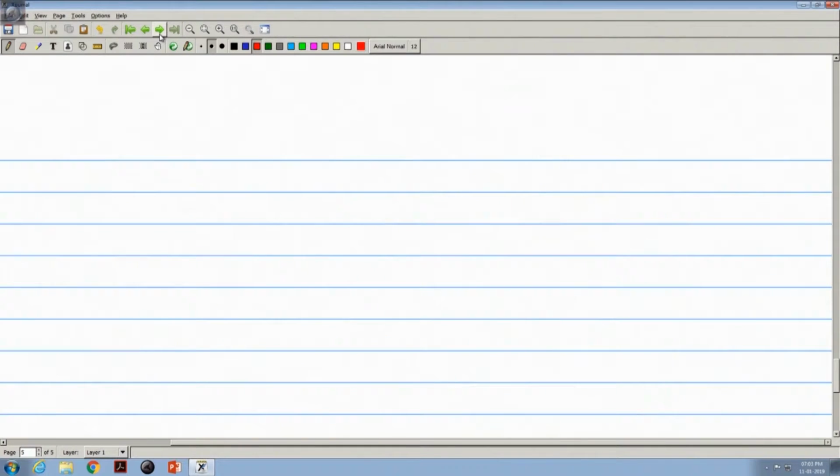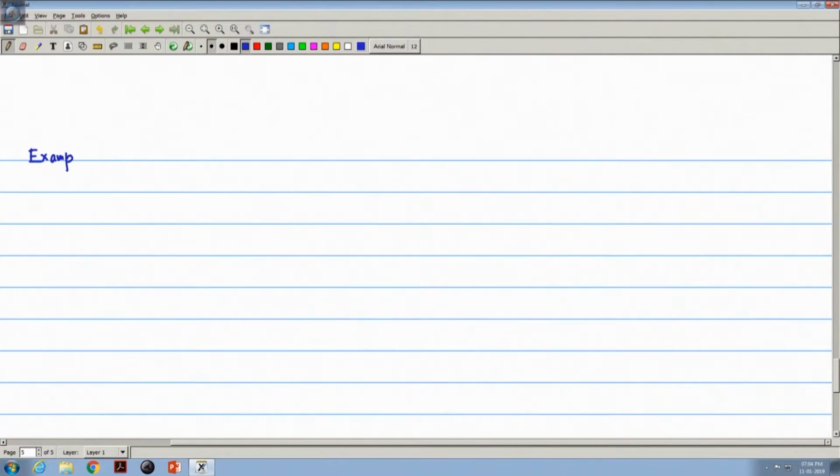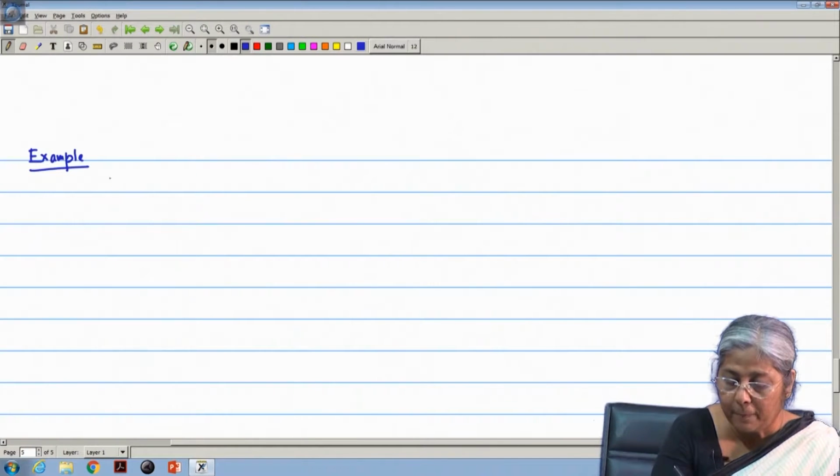Now, we see the application of this theorem. I take one example, one problem, how we can apply this.